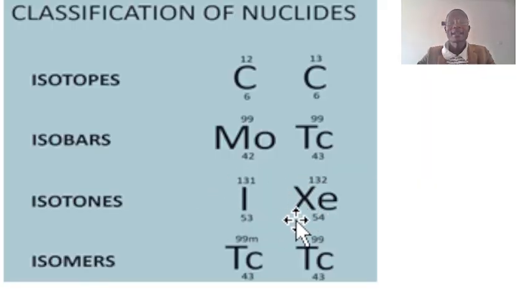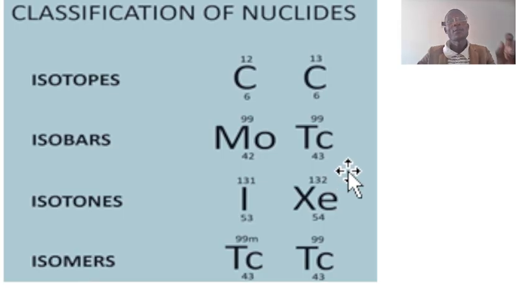We can take an example, maybe carbon 14, which has 8 neutrons and 6 protons, and nitrogen, which has 7 protons and 7 neutrons. When you check their mass numbers, you realize that they have a different mass number.